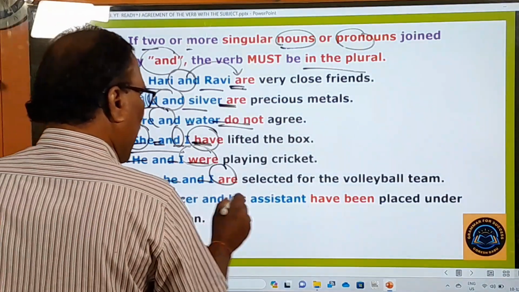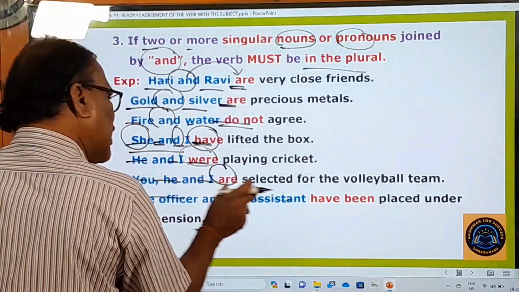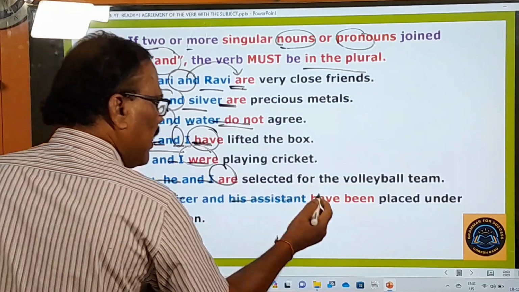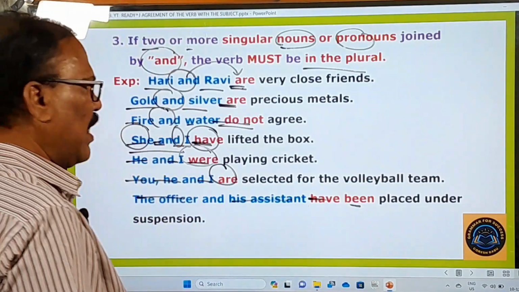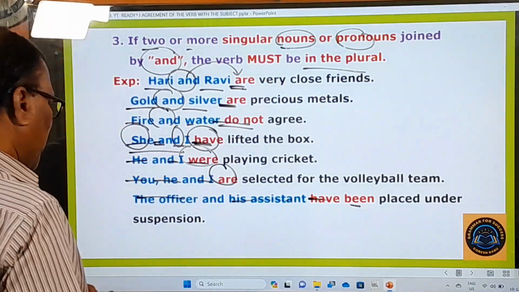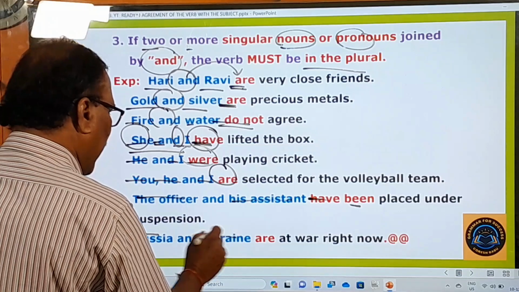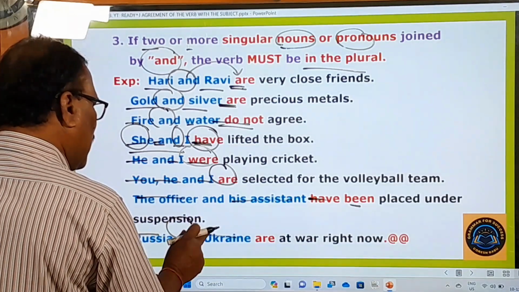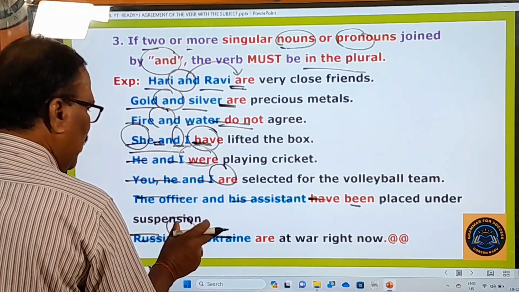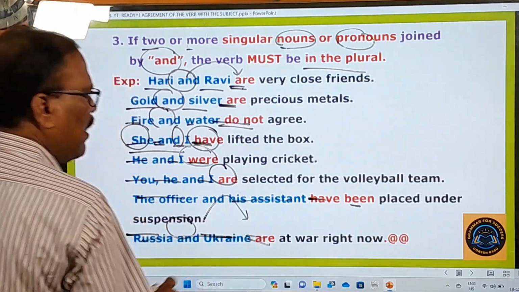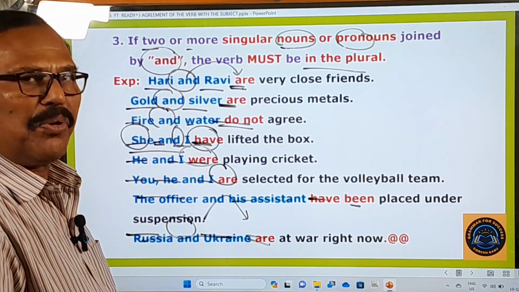The officer and his assistant. Officer, assistant, two persons are there. That means this is a plural subject, and therefore 'have been' is used there: have been placed under suspension. One more example is given here, Russia and Ukraine. These are two countries, and this forms a plural subject, and after a plural subject there must be a plural helping verb or plural verb.